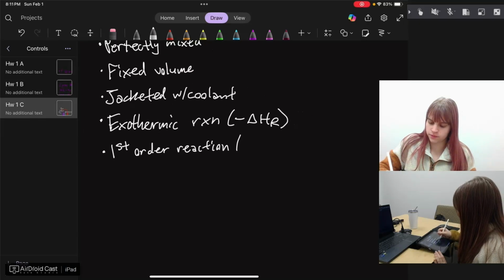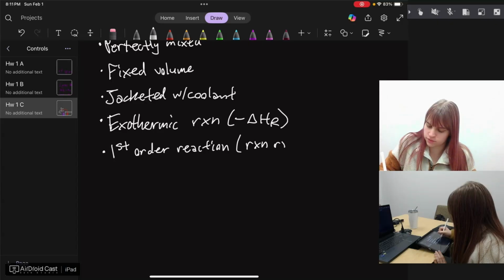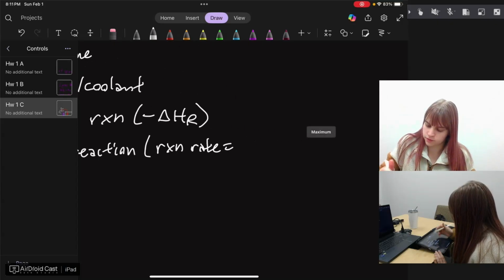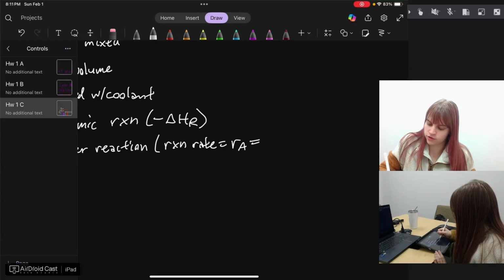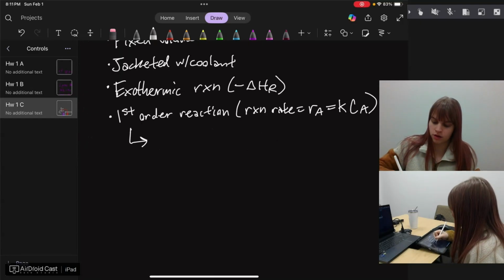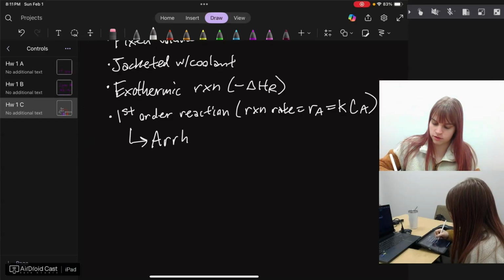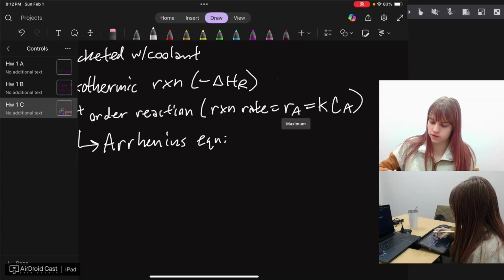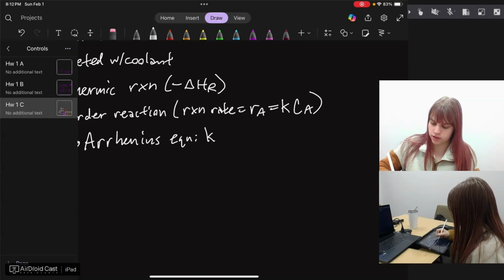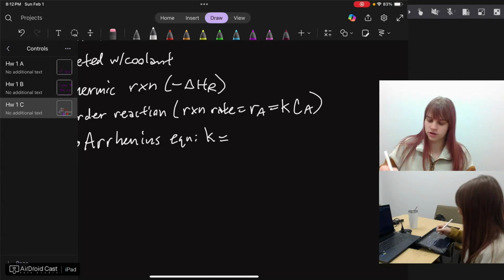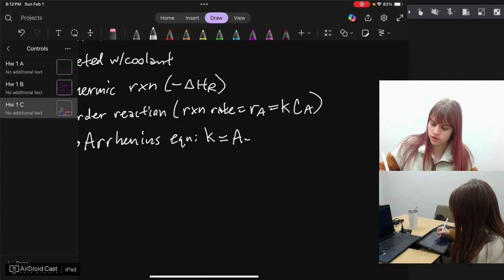So we know that the reaction rate, Ra, is equal to K times Ca. The Arrhenius equation says that this K value is equal to A times the exponential of negative Ea over RT.